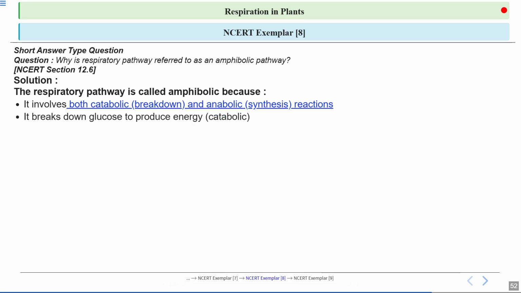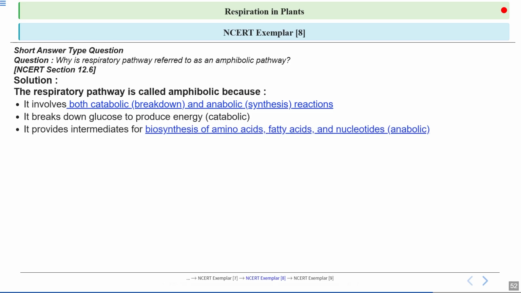The respiratory pathway breaks down glucose to produce energy, and because there is breakdown, we call it catabolic. On the other hand, this pathway also provides intermediates that are used to build important molecules like amino acids, fatty acids and nucleotides. And therefore, this is the anabolic side, where the cell is using pieces from breakdown to make new products.